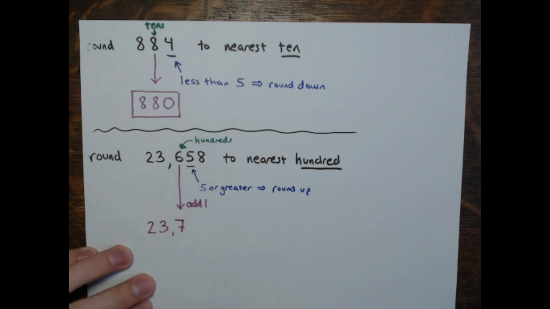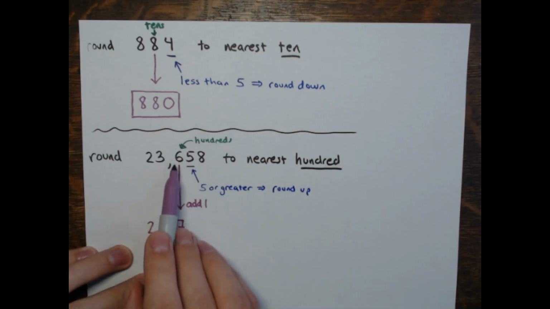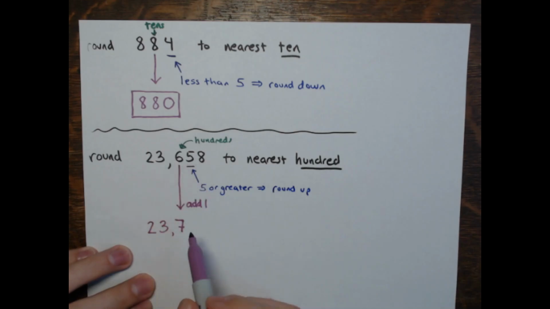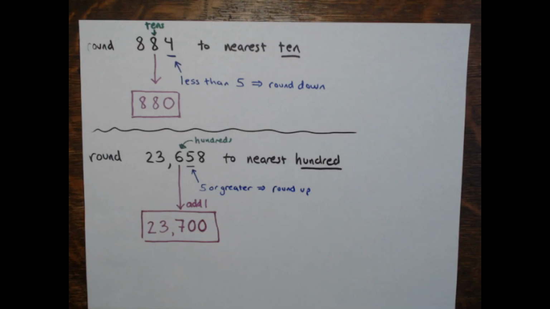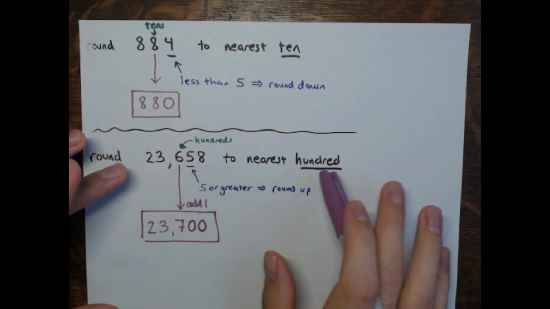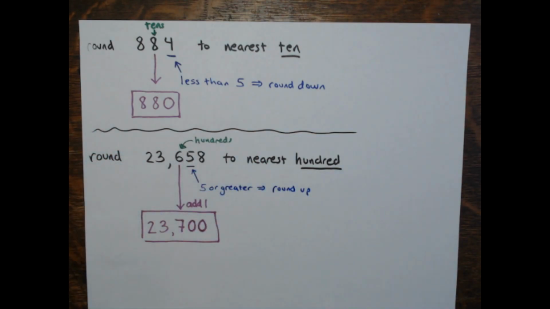So it's still 23,000. And then all the digits to the right of the one we're rounding to become zeros. So 0 in the tens, 0 in the ones. And there you have it. 23,658 rounded to the nearest hundred rounds to 23,700.